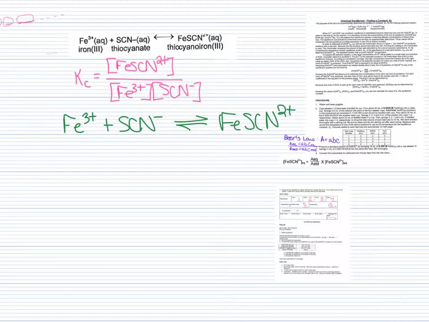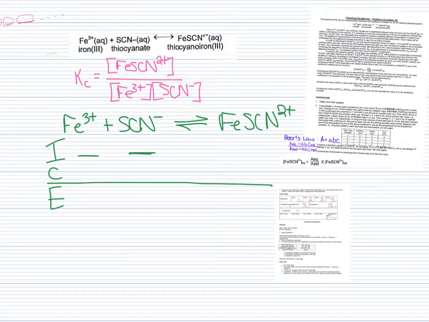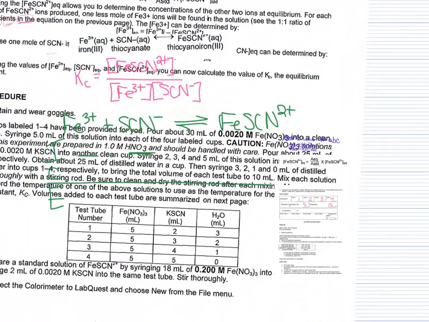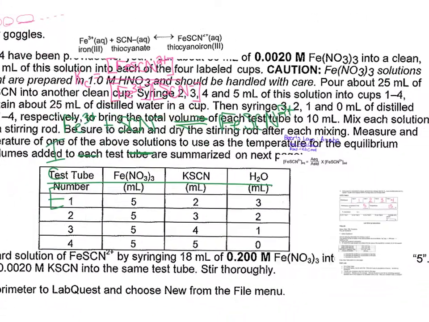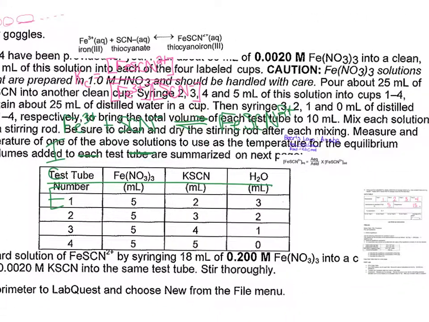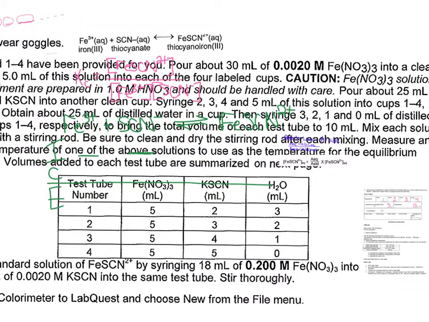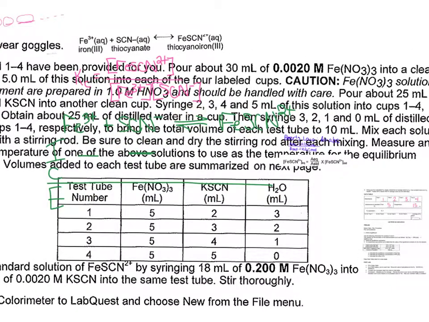I'm going to go ahead and make my ICE table, and this will hopefully clear up what pieces of information you have. So you mix those two things together, so you have certain initial values. Do you know where to find that? Hopefully you started looking at this nice little data table that you used to make your little recipe during the lab. You are going to be using these values in your dilution formula, M1V1 = M2V2, to figure out those different concentrations.